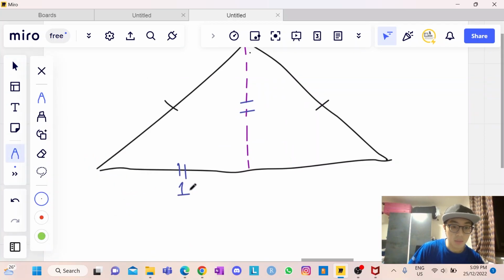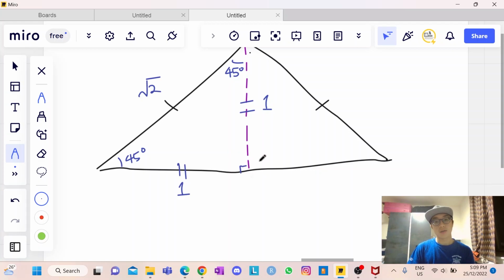So this is 1 and this is 1. By Pythagoras, we know that this is root 2. And from an isosceles triangle, we know this is 45 degrees and this is also 45 degrees. This is a right angle here, if we cut it in half.